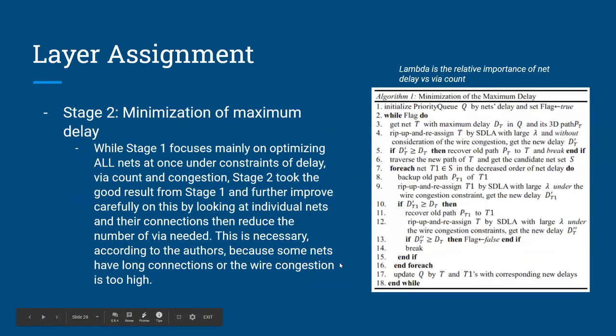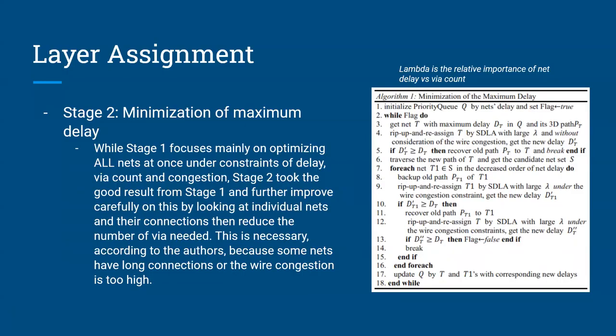And then here's stage 2, minimization of maximum delay. Stage 2 is not that different from stage 1. However, the author argues that stage 1 focuses mainly on optimizing all the nets at once under the constraint of delay, via counts, and congestion. But since it focuses on optimizing all nets at once, it will miss a few things.